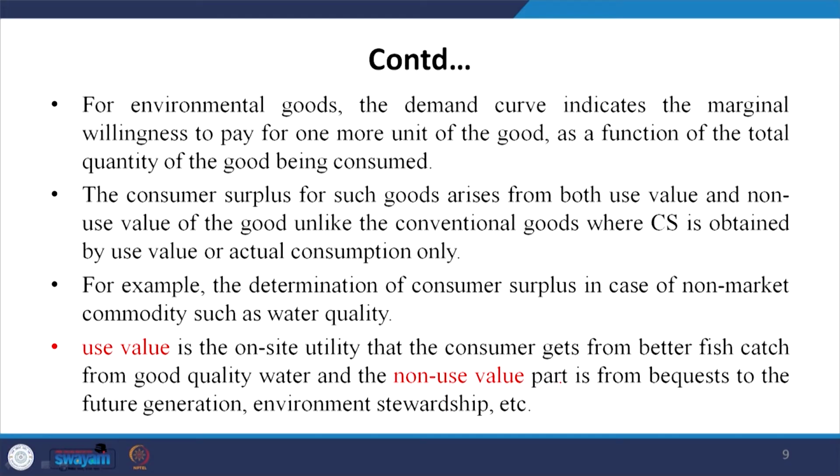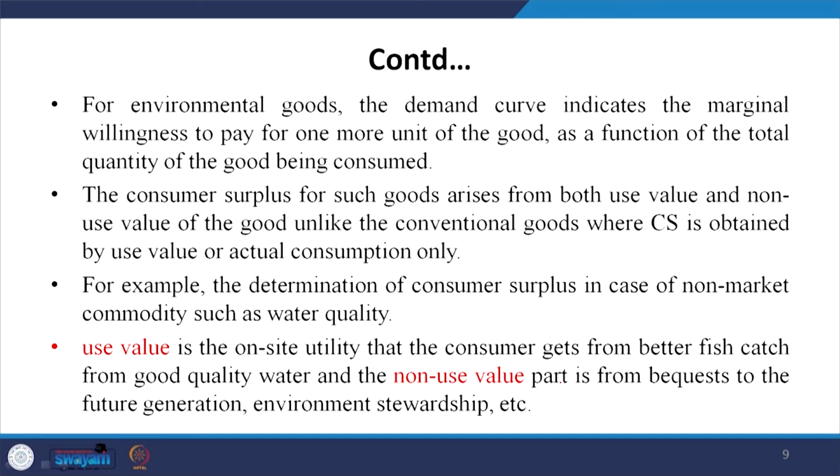The consumer surplus for such goods arises from both use and non-use value of goods, unlike conventional goods where we have only use value and consumer surplus is assessed only on the basis of actual consumption of the commodity. For example, the determination of consumer surplus in the case of a non-market commodity such as water quality.